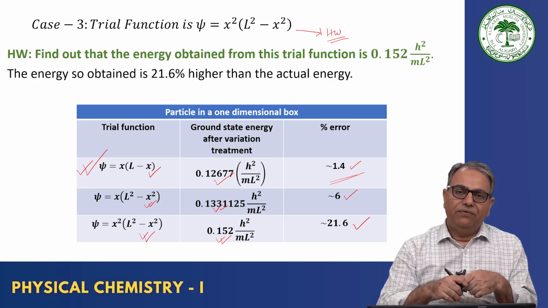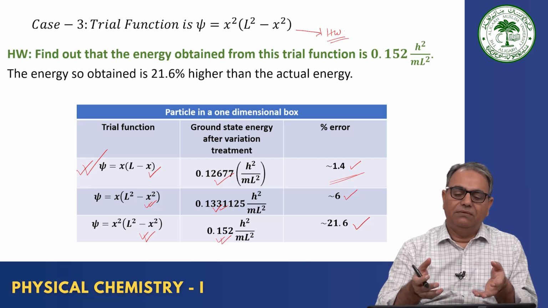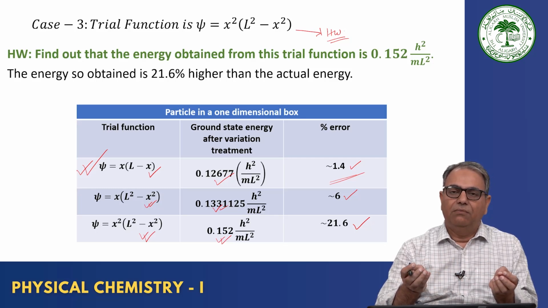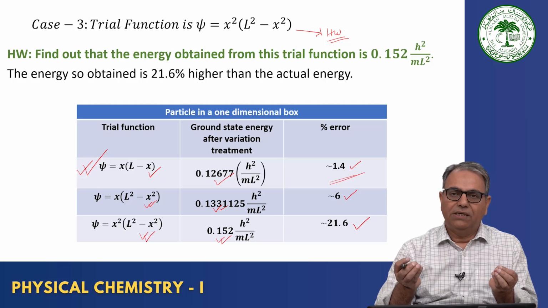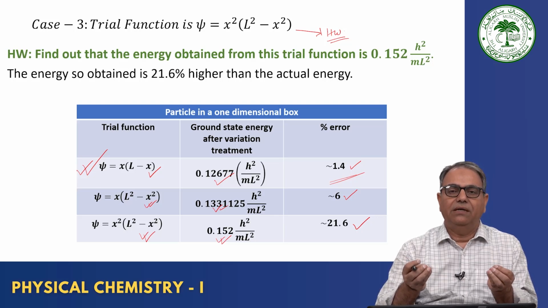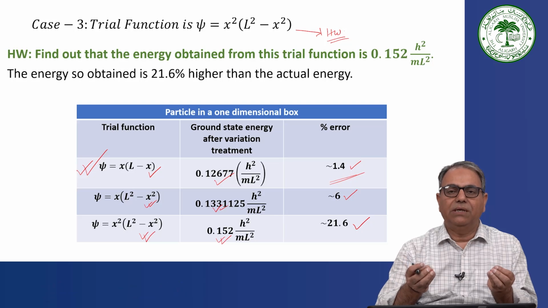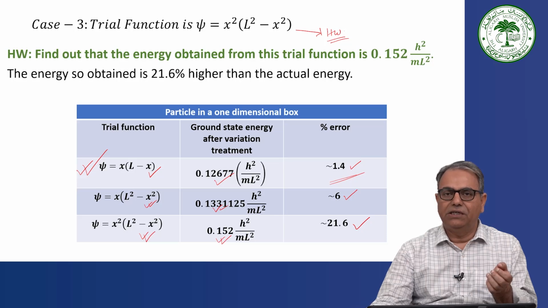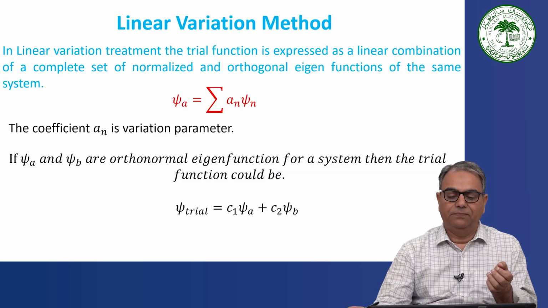What will happen if, instead of these systems, we have a system where more than one atomic orbital combine, so that it is a molecule? For any molecular system, since it is made up of atoms, we can use a variation treatment called linear variation treatment.